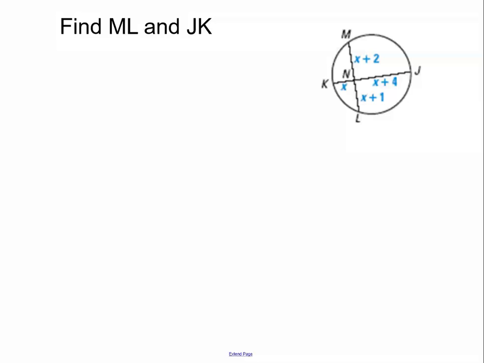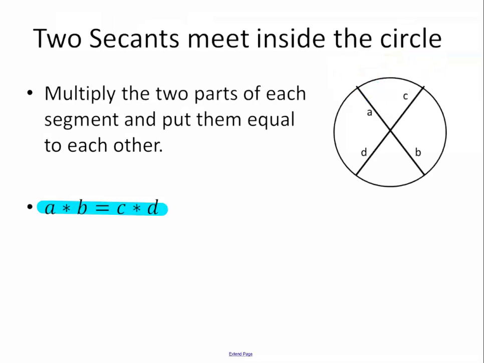So looking at our three possibilities, the one that matches this picture would be this one. So this is the formula I'm going to use, which says looking at this chord, this part times this part equals, and then looking at the other chord, this part times this part.